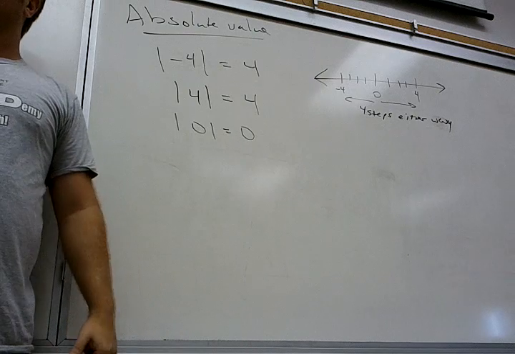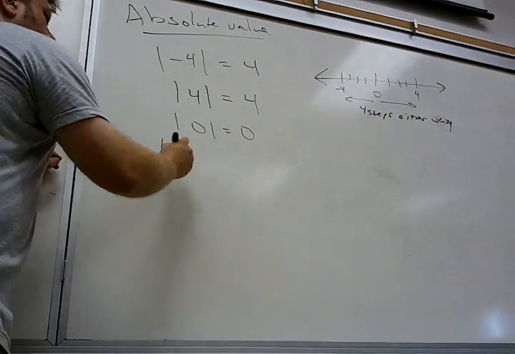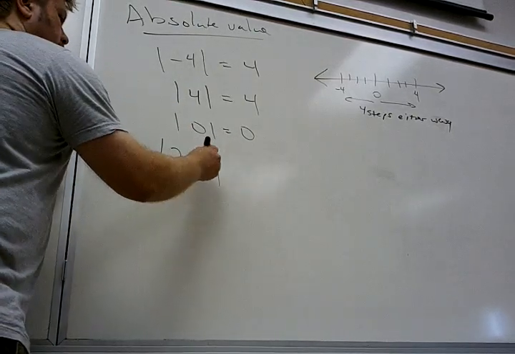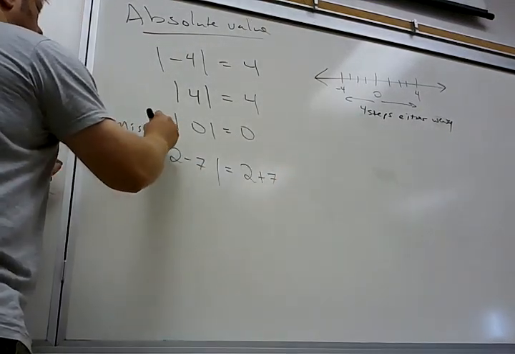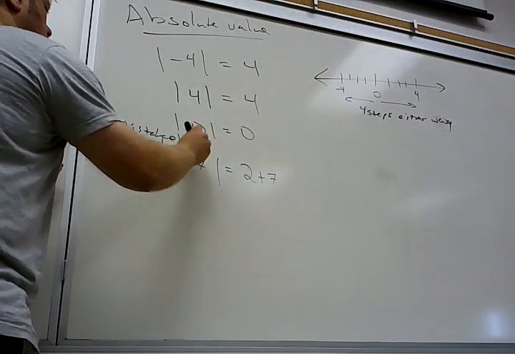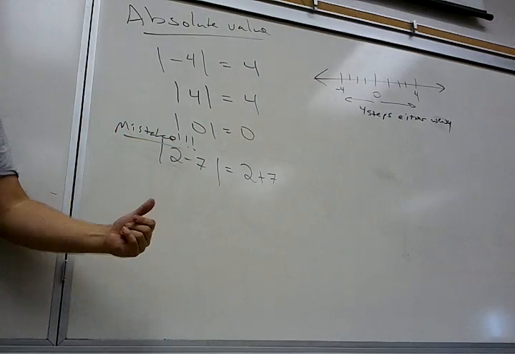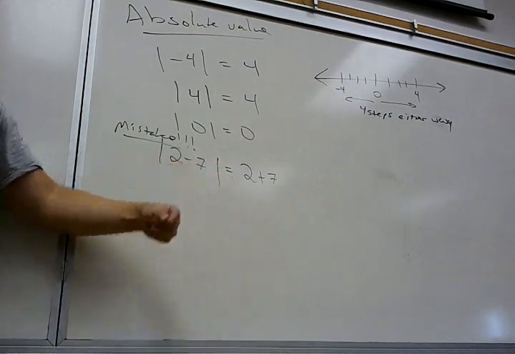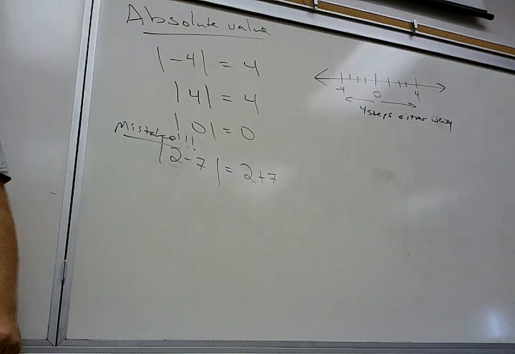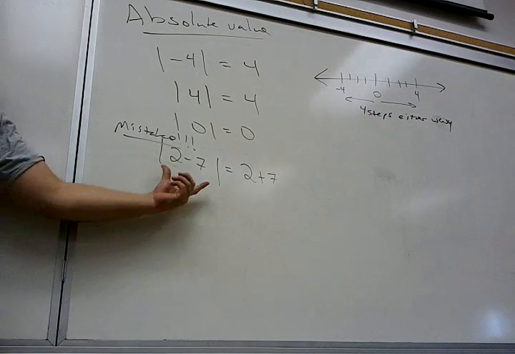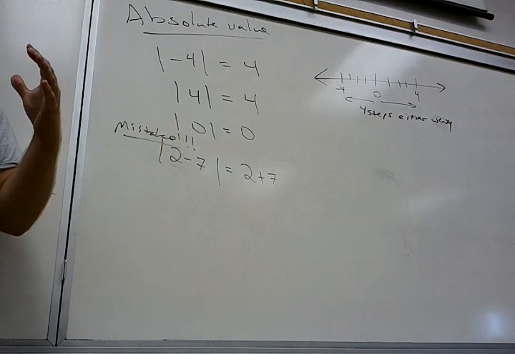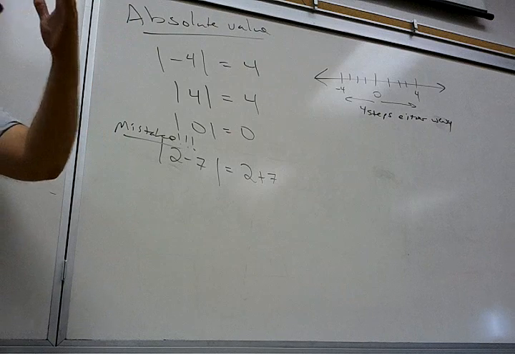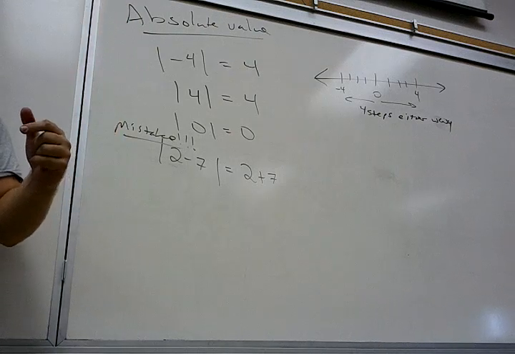The mistake people make is something like this here. I always see this. This is a big time mistake. What do you think order of operations would tell you somebody did wrong here? What are you supposed to do first? What do you think absolute values are like in the order of operations?